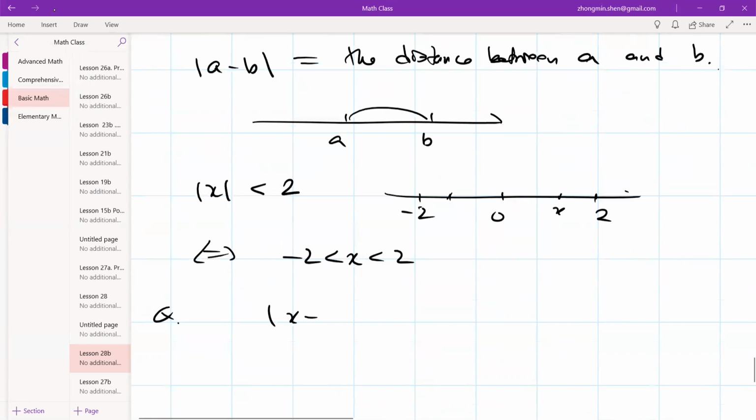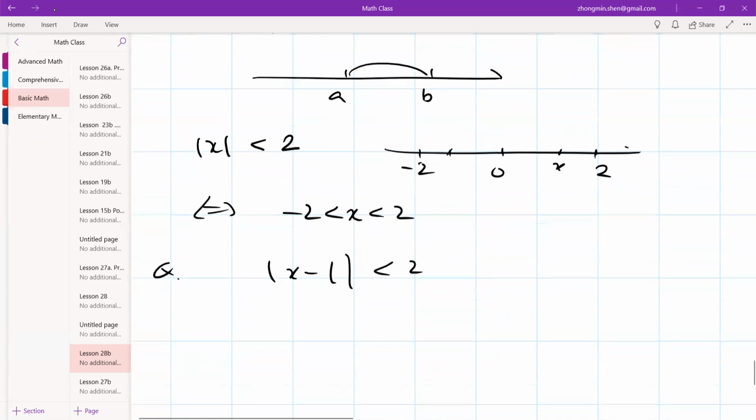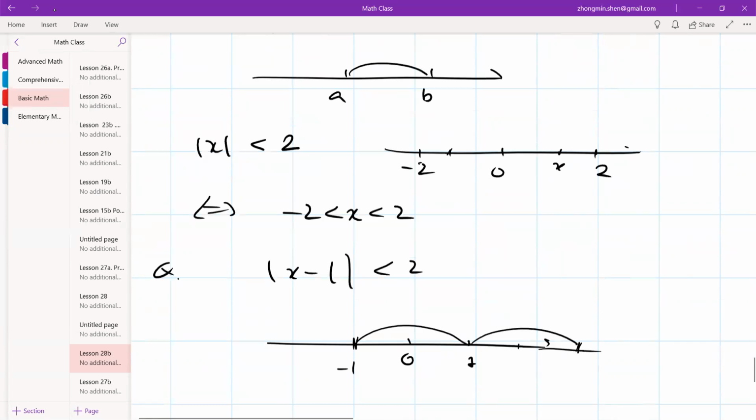For example, absolute value of x minus 1 is less than 2. What's the geometric meaning of that? The geometric meaning is all the x, okay? And here's the 1, whose distance between x and 1 is less than 2. So it's going to be like that, any points in its neighborhood. So this will be negative 2, here 2, here will be 3. So my answer is x is between negative 1 and 3.